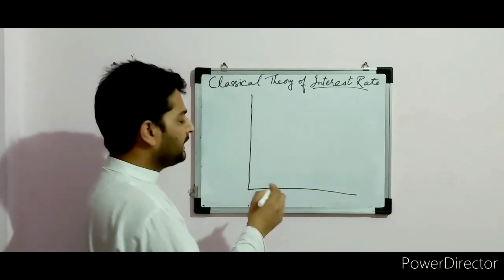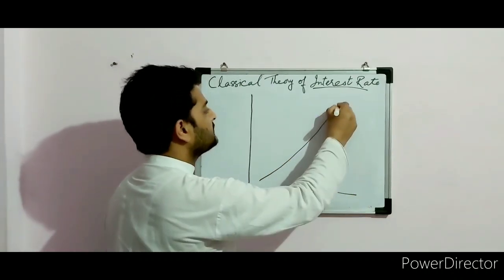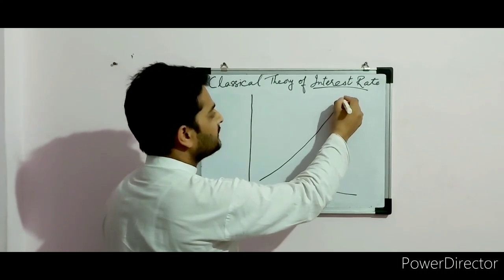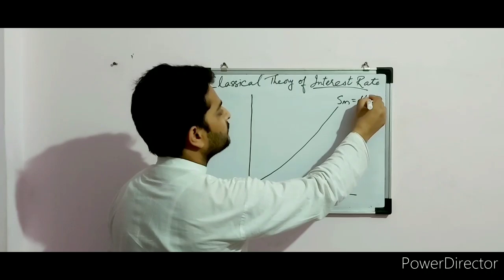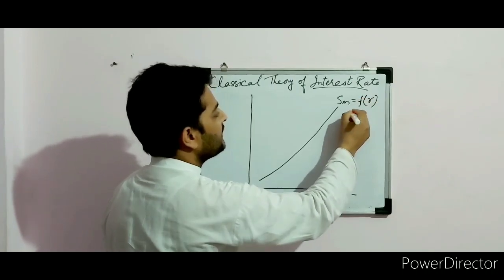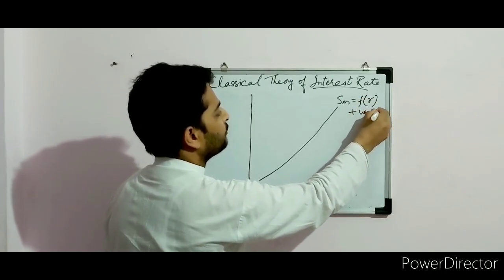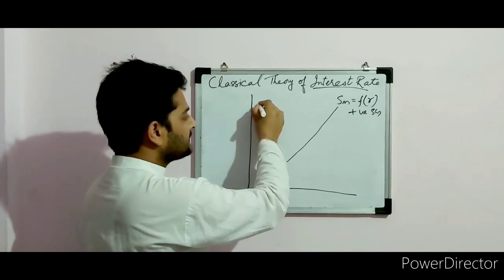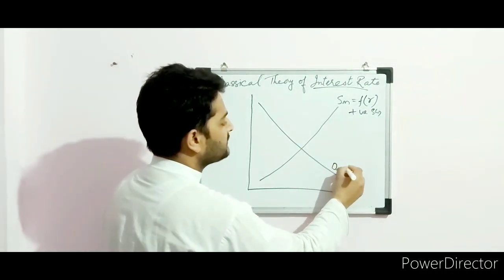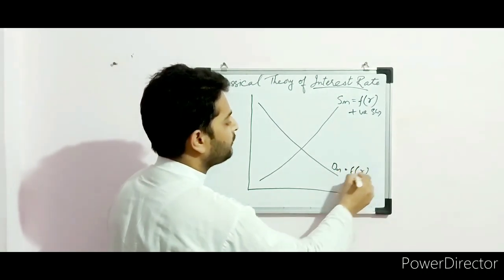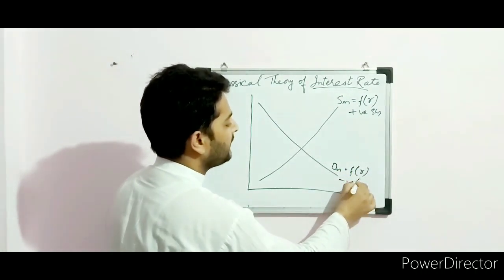If we combine both figures of supply and demand in a single frame, the supply of money curve is an upward sloping curve, a function of the rate of interest having a positive slope. And this is the demand for money curve, which is also a function of the rate of interest having a negative slope.